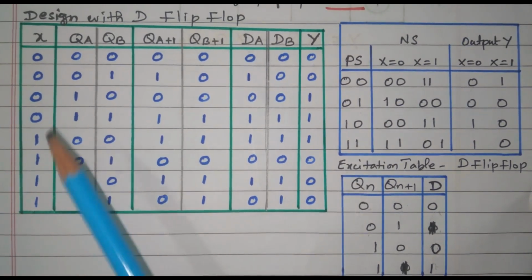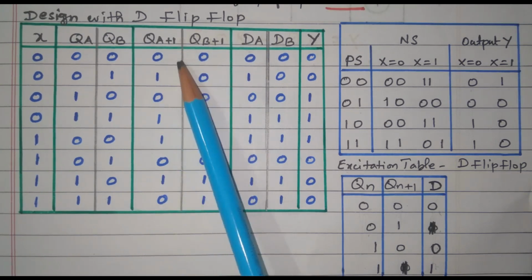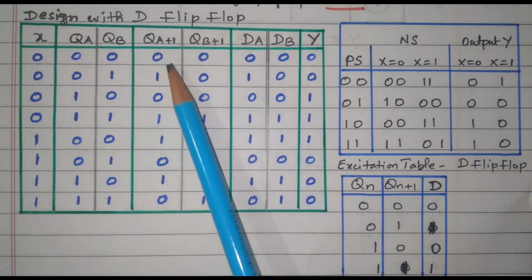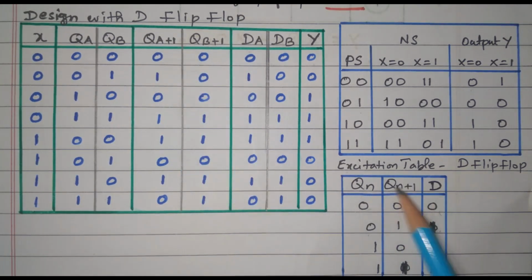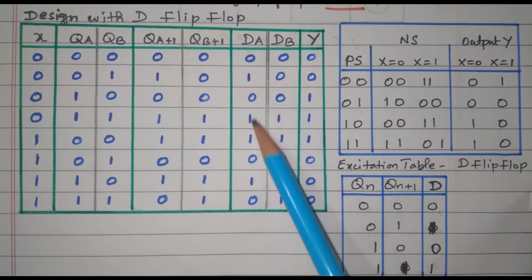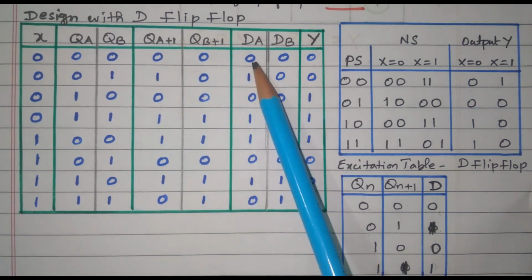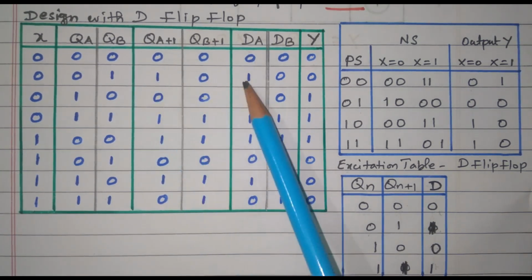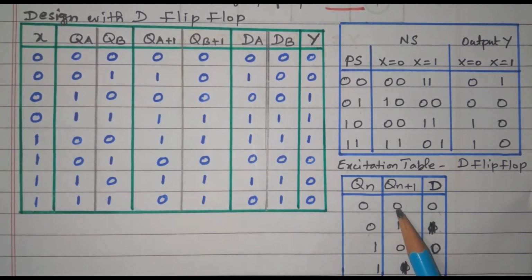Okay. Now, see this, 00 to 00, right. What we identified from this excitation table is that the next state and D input are equal, Qn+1 and D are equal. The next state that is available is nothing but the input of the D flip flop. So the next state 0 means DA also 0, 1 means 1, 0 means 0. That is what we explained here, right. Qn+1 0 means D 0, Qn+1 1 means D also 1.